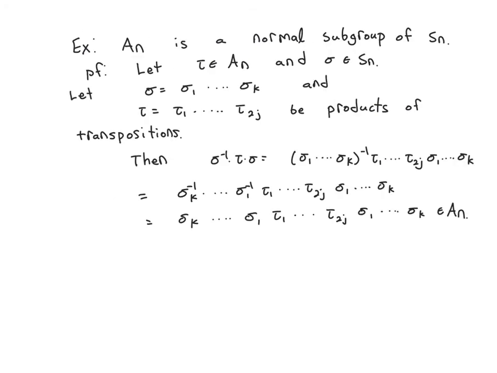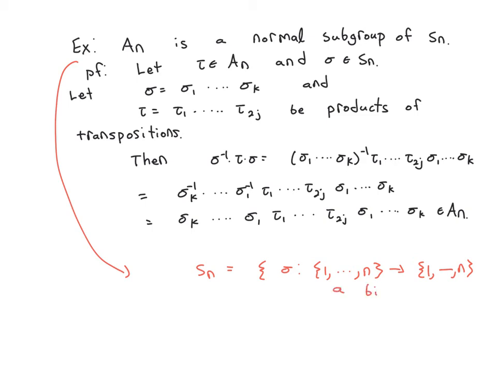For our next example, we will show that the alternating group is a normal subgroup in the symmetric group. Remember, of course, that the symmetric group is the set of all permutations. And the alternating group are the even permutations.